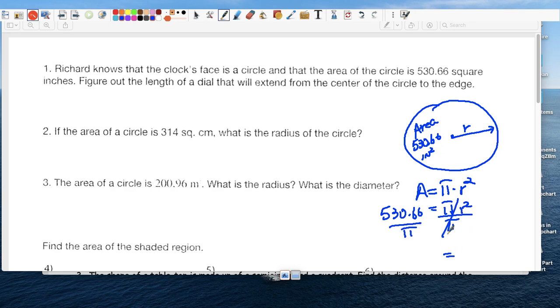When you divide both sides by pi, 530.66 divided by pi, and again, you're going to leave that in your calculator, I get 168.9143. We're going to take the square root of both sides, so the square goes away, and r equals the square root of that.